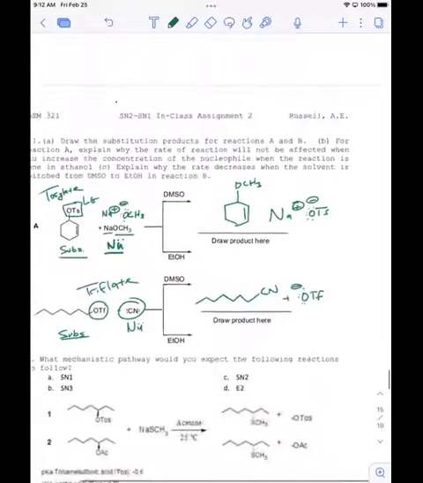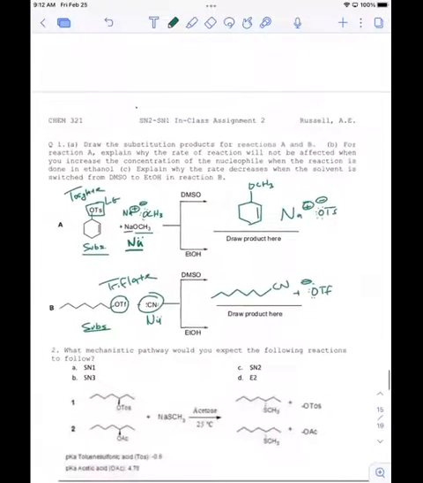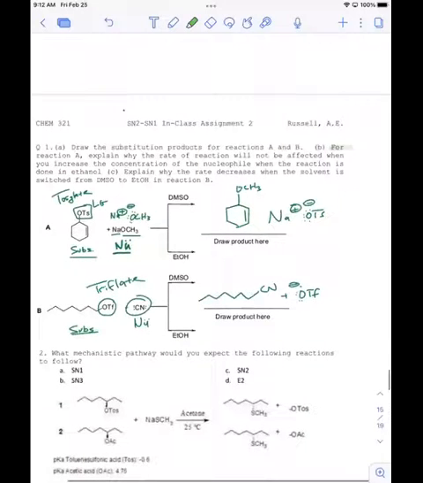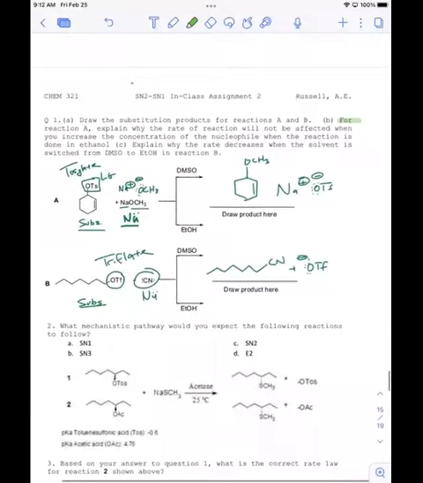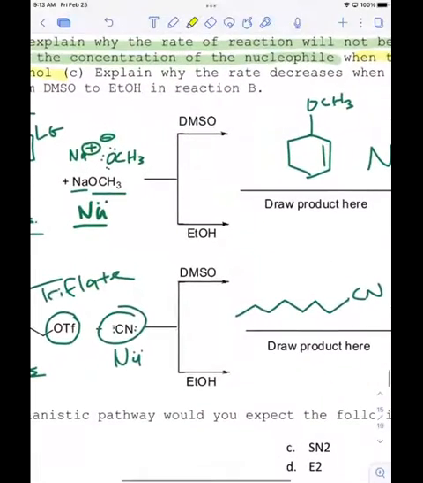All right, let's go back and answer the questions now. First question says, for reaction A, explain why the rate will not be affected when you increase the concentration of the nucleophile when the reaction is done in ethanol. That's the key to the question right there. So you have two solvents.